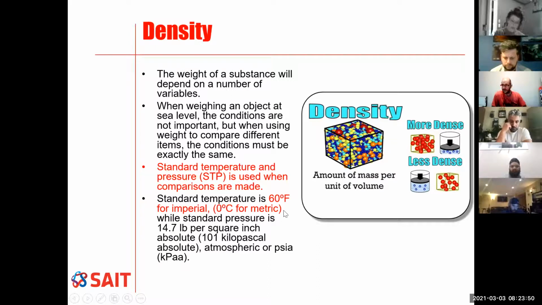What is the standard temperature for metric? 15.5 degrees C. They put 0 in here for some reason and never changed it. So that number is incorrect. And the standard pressure is 14.7 psi or 101 kPa. So we know that already.